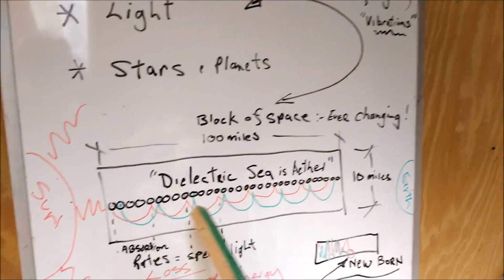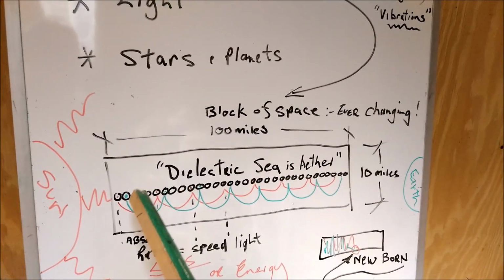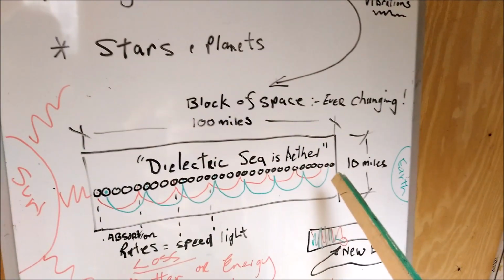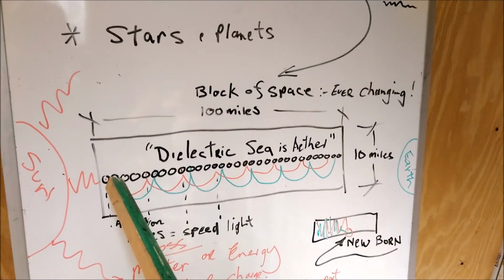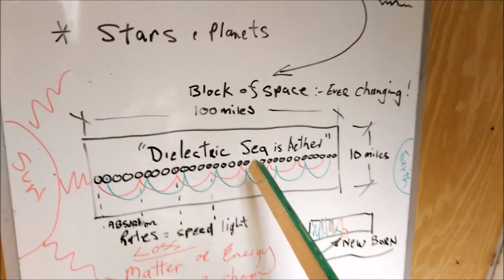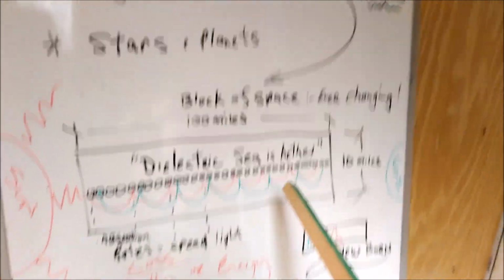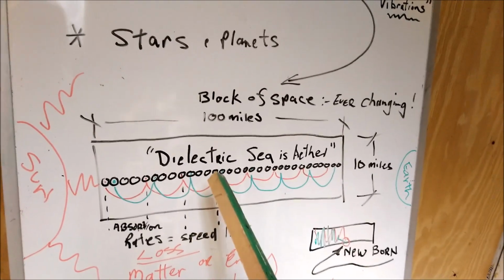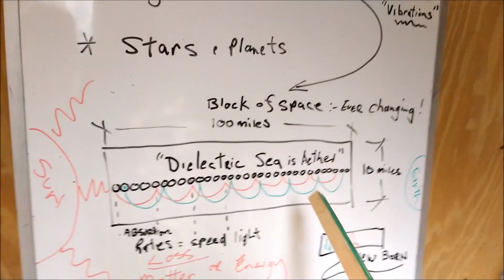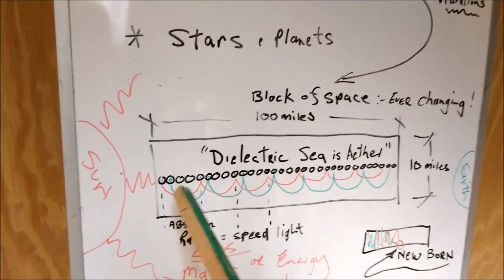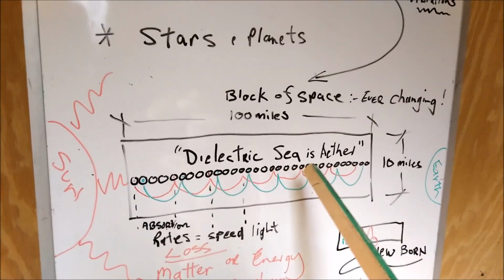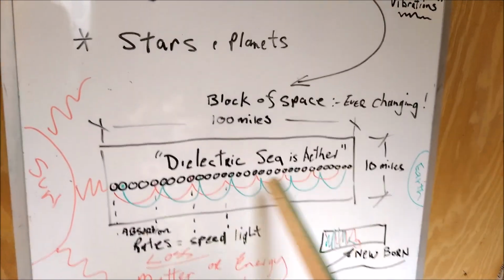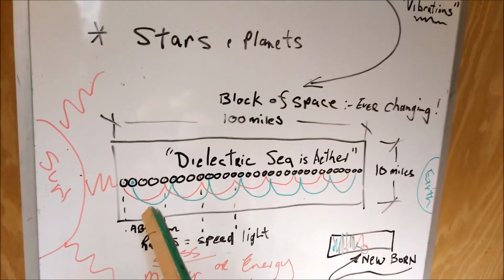And I believe that the space consists of a dielectric sea, which is the ether. If you bear with me on this, I'll try and explain. If you can imagine, all these zeros along here represent the dielectric of space.